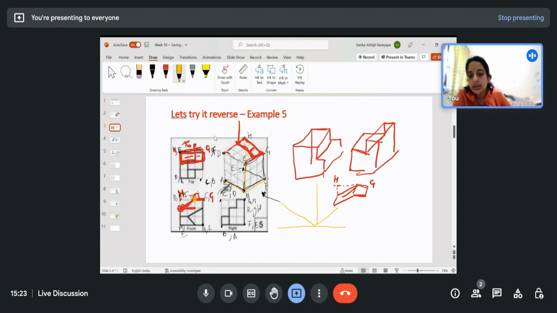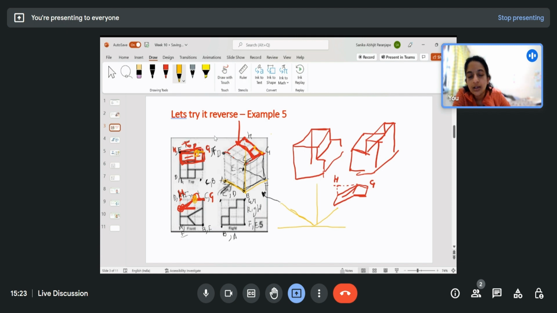To trace this point over here, from top view I know that I have to come from point G towards left. So I will go from point G towards left, parallel to this axis that I've already drawn. So this will be my point.